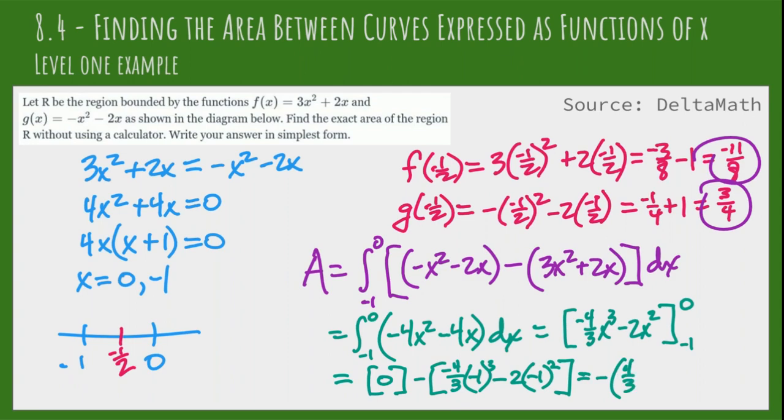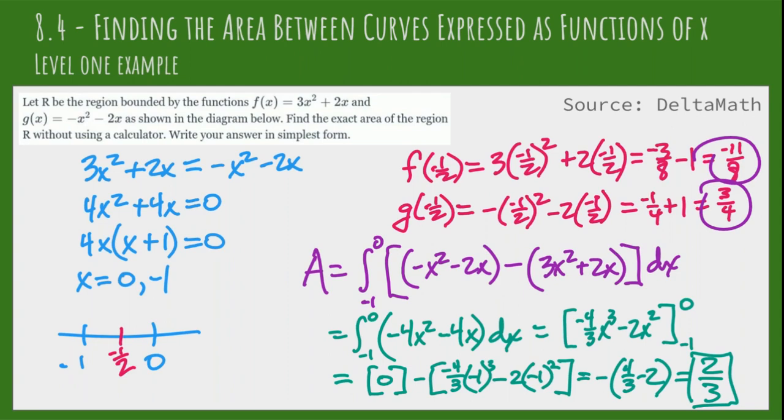So we have the opposite of 4/3 minus 2. 4/3 minus 2 is negative 2/3, and the opposite of that is positive 2/3. So the area that we get here is positive 2/3.